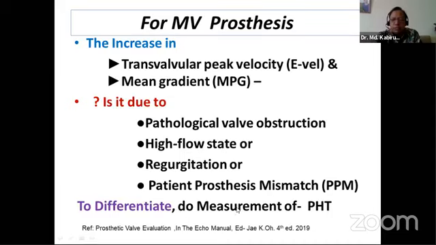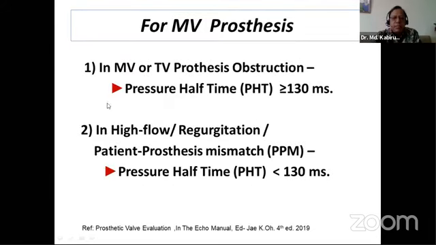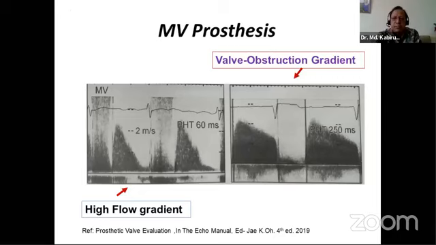To differentiate, measure the pressure half time. In mitral or tricuspid valve obstruction, the pressure half time will be increased, more than 130 millisecond. For high flow, regurgitation and patient prosthesis mismatch, the pressure half time will be lower, less than 130 millisecond.